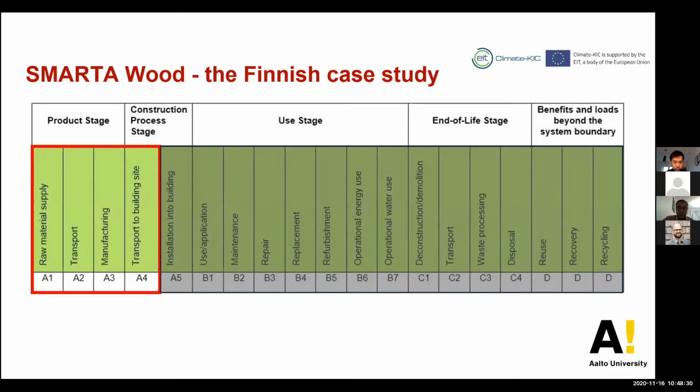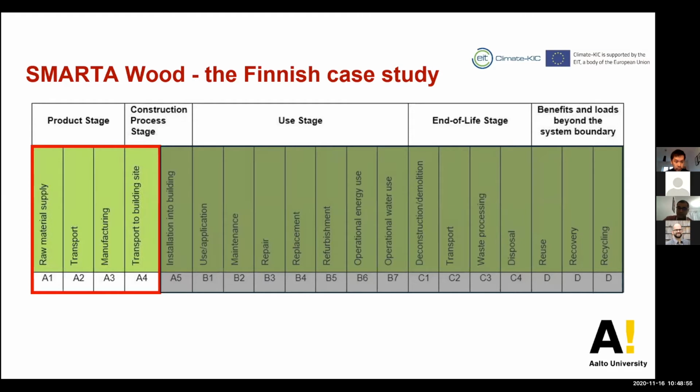Here you can see the system boundary that we have adopted. It's pretty much the same as the Swedish case, but we haven't included the prefab factory.